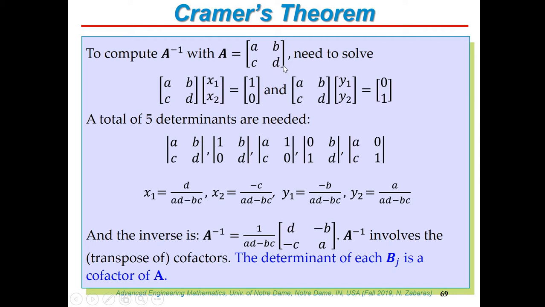You notice the cofactor of the element 2, 1 is minus B. So in the element here, 1, 2, I don't have the cofactor 1, 2, but I have the cofactor 2, 1. So effectively, in computing A inverse, you have the matrix of the transpose of the cofactors. Okay, so this is a very nice result for computing the inverse of a matrix.